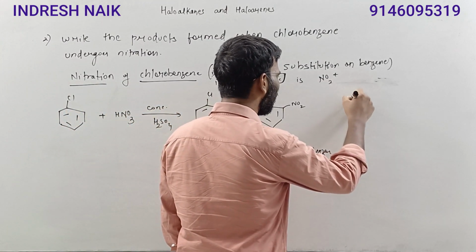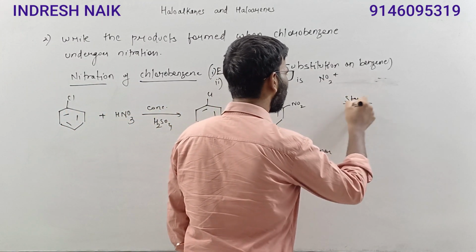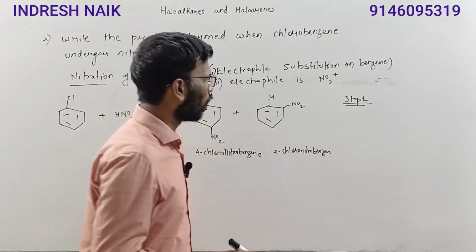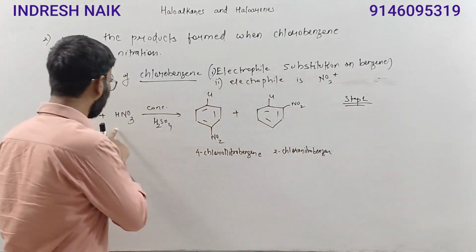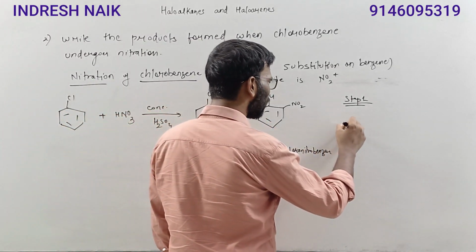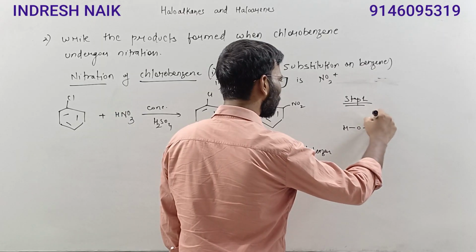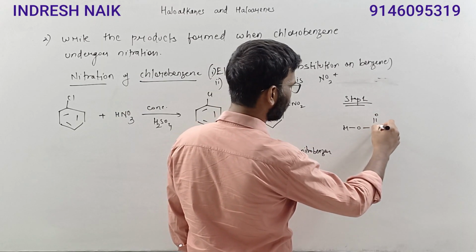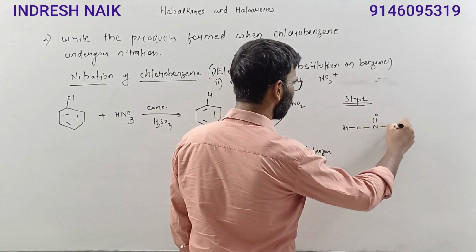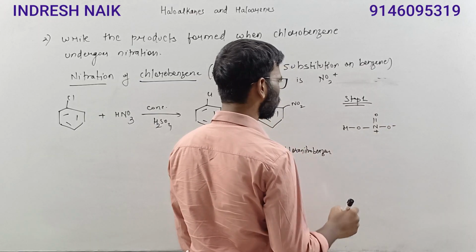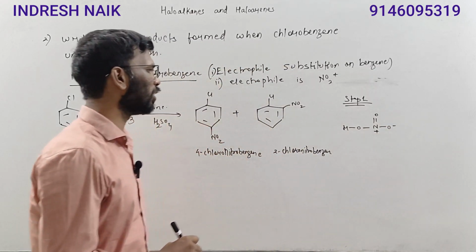How is it generated? I'll write step 1. HNO3, how do we write? HO, and so on. This is the HNO3 structure.